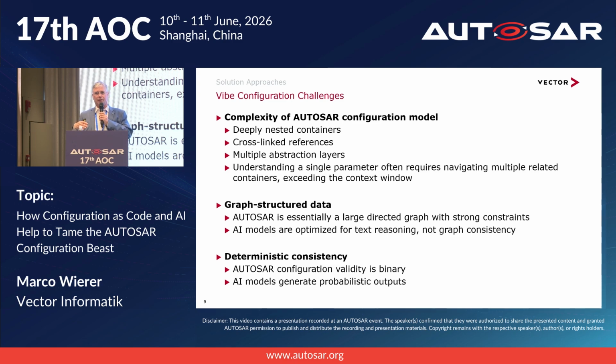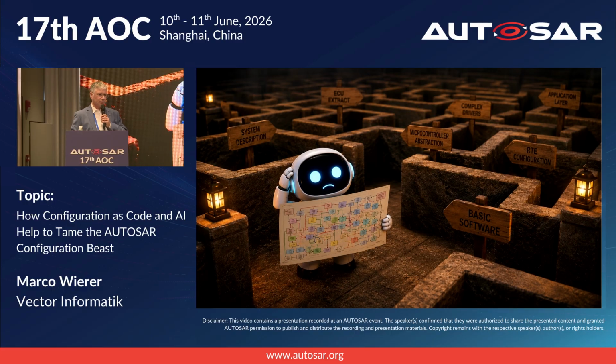You know that LLMs work probabilistic, and on the other hand, the AutoSAR configuration is quite binary. So even if you have just a small mistake, it's not working. That's an inherent contradiction of this approach. And what this means is the coding agents or the LLMs quickly get lost in large configurations, like we can see here. They are simply losing track.